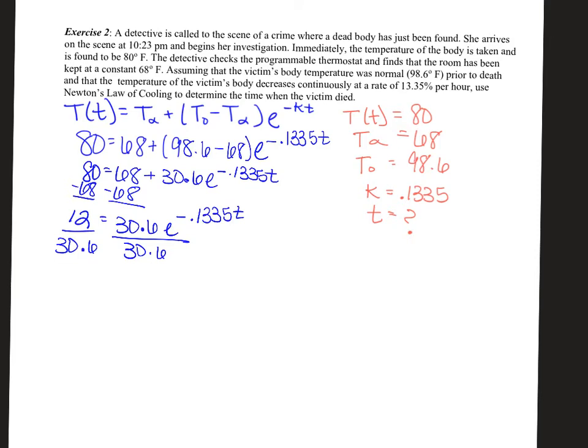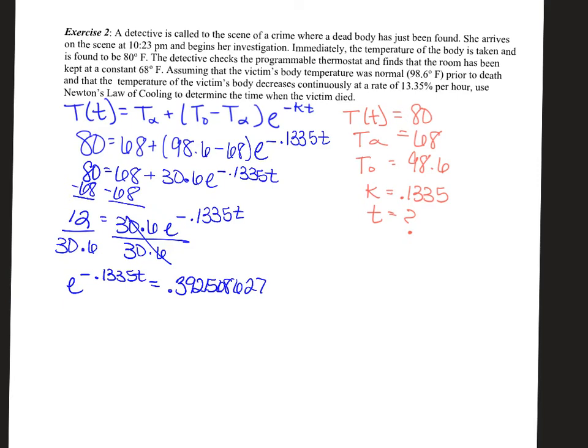Also, I'm going to save myself a step and write my e on the left side. And the decimal I got was 0.39215686627. If you wanted to leave that as a fraction, you can.